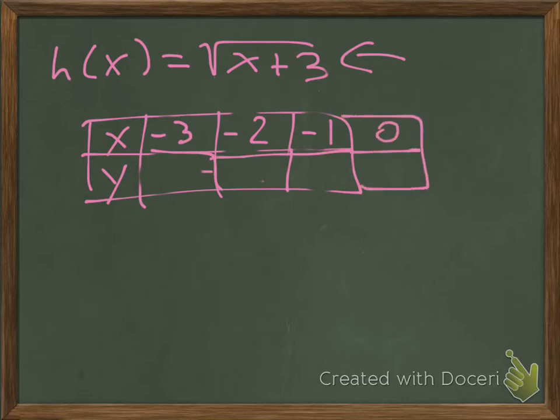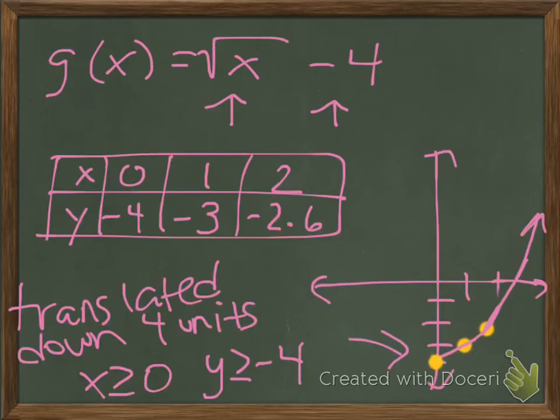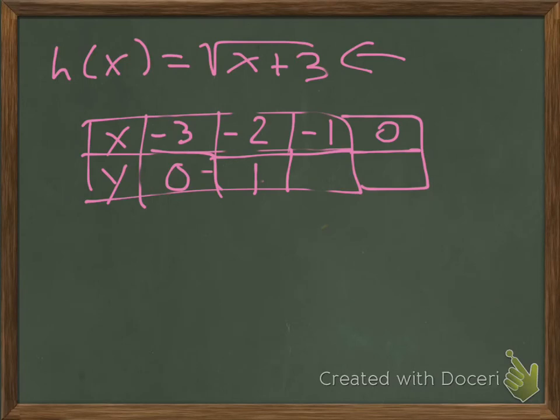And that would give me a better picture, because -3 plus 3 is 0, so the square root of 0 is 0. So that tells me where it's actually going to start. Then you have -2 plus 3 is 1, square root of 1 is 1. Then we can do -1 plus 3, that's the square root of 2, which we've done a bunch of times. The square root of 2 is going to be about 1.4.